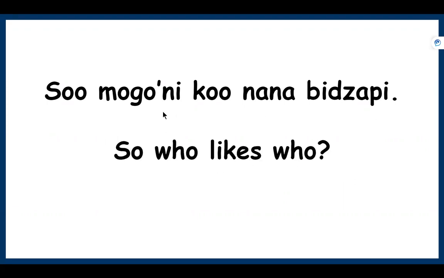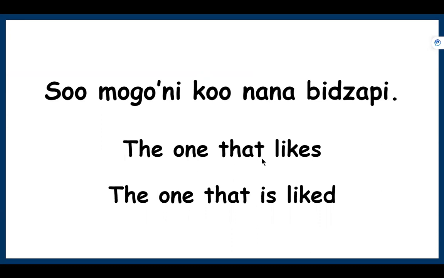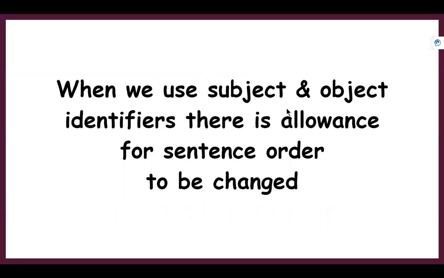Okay, so sumogotni kunana bidzappi means somebody likes somebody. So who's the one that likes and who's the one that is liked? The one that likes is the mogotni, because that's the subject. The one that is liked is the object, kunana.